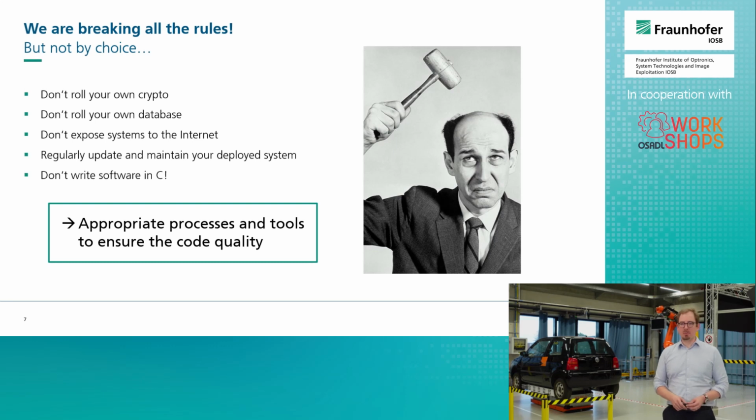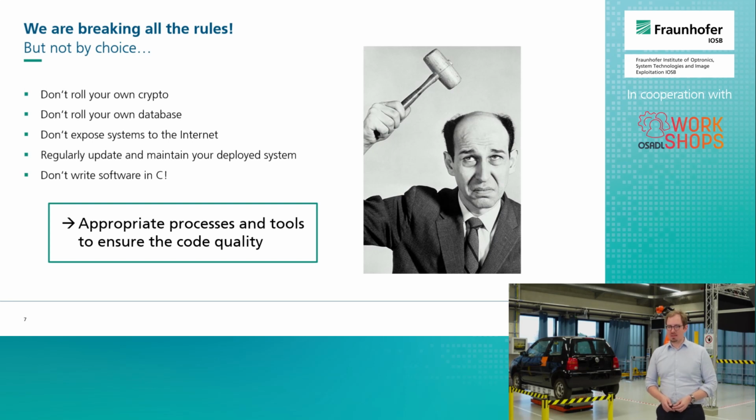Regularly update and maintain your deployed system. Well, ideally we would like to do so, but sometimes when hardware is deployed, it gets really difficult to send updates. Over-the-air updates are more and more common, but there are also systems in the field now running open62541 where updates are really difficult because there is no direct physical access to the original vendor.